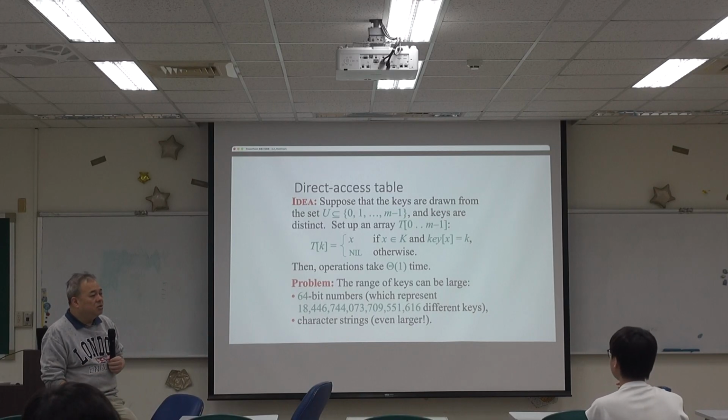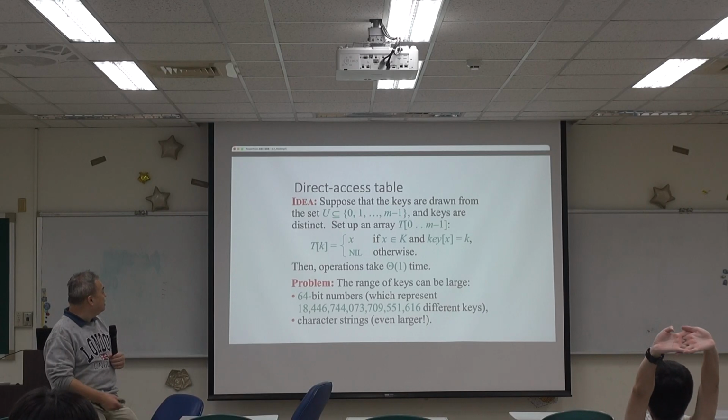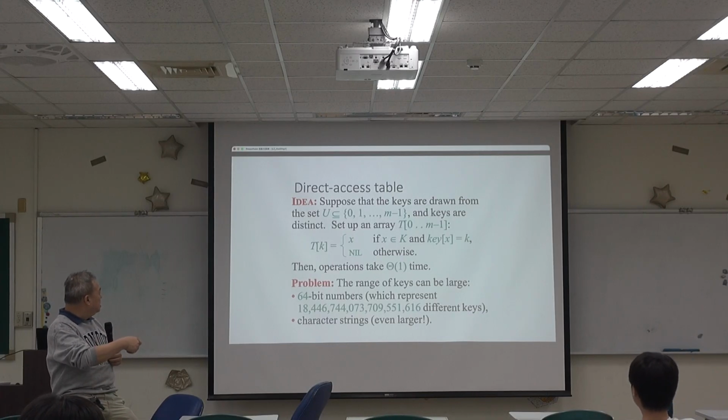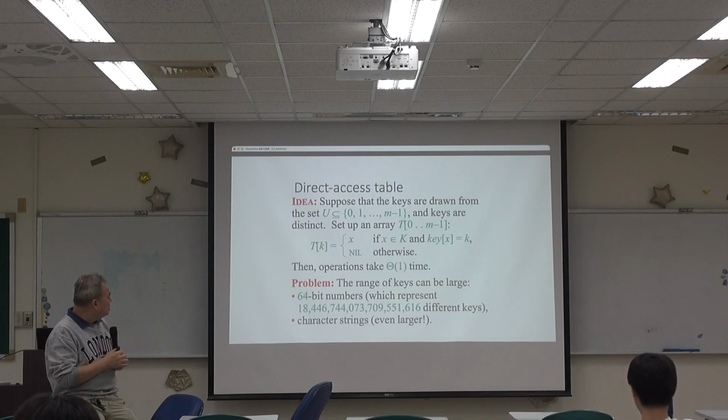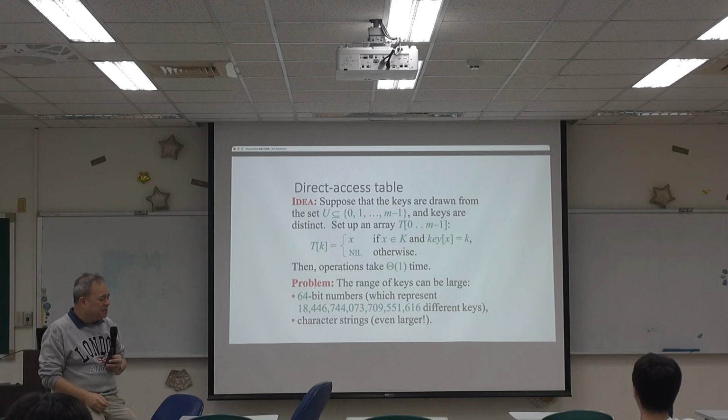For example, I just mentioned the ID, so different people have different IDs, which is nice. If that's the case, you can set up an array from 0 to n minus 1. This is the possible space for your key.